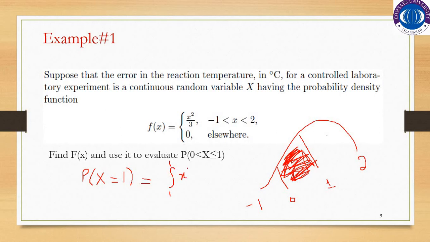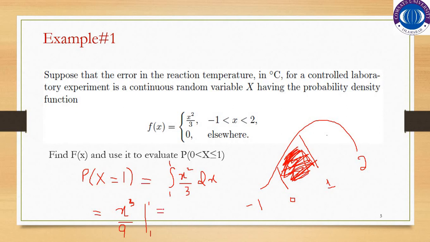So x square by 3 dx, if we integrate it, it will be equal to x raised to power 3 over 9, and the limits are from 1 to 1.